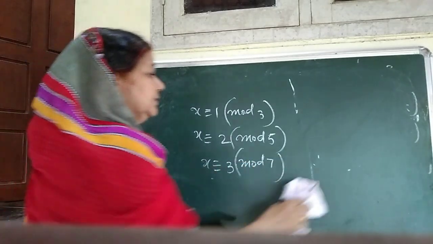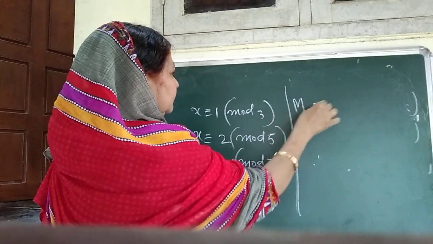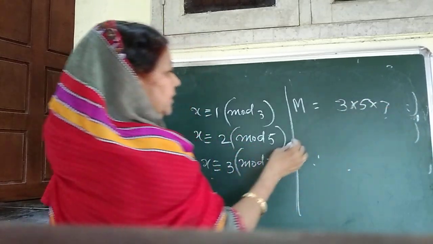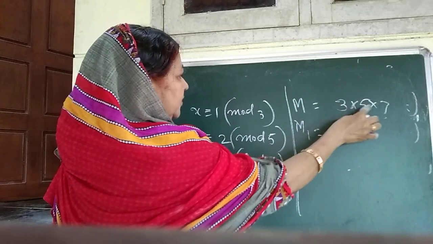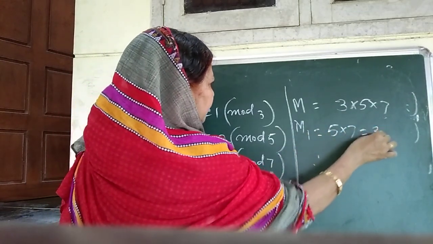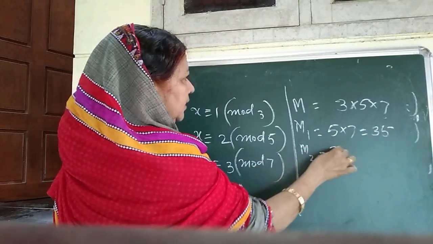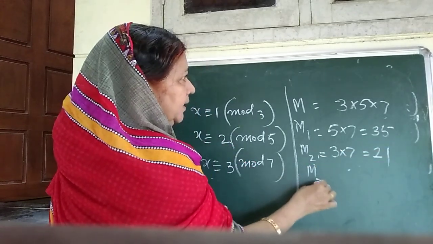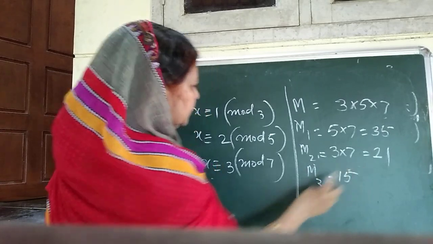Then you can see that capital M equal to 3 into 5 into 7. Therefore, capital M1 equal to 3 into 5 into 7 by 3 equal to 5 into 7 equal to 35. Similarly, capital M2 equal to 3 into 7 equal to 21. Capital M3 equal to 3 into 5 equal to 15.